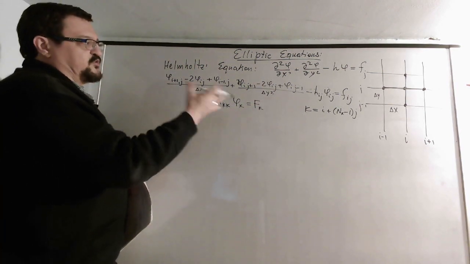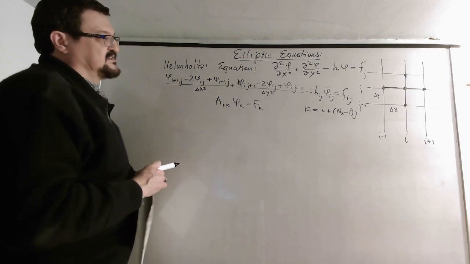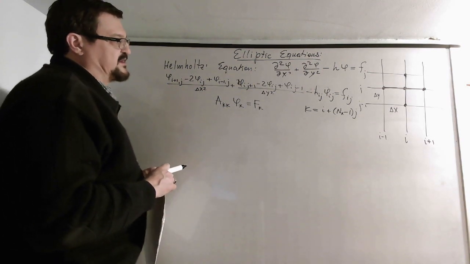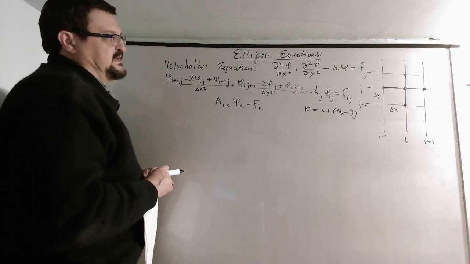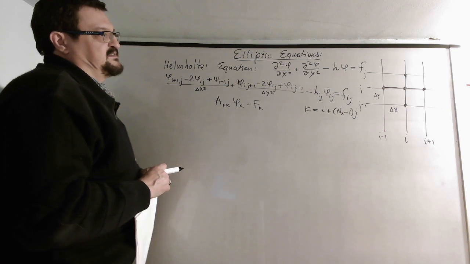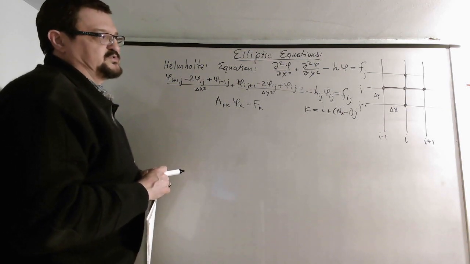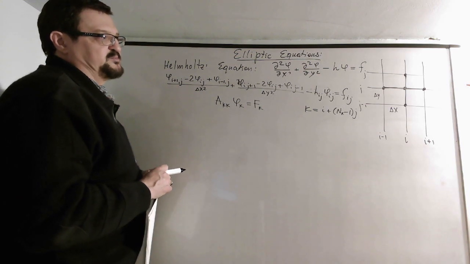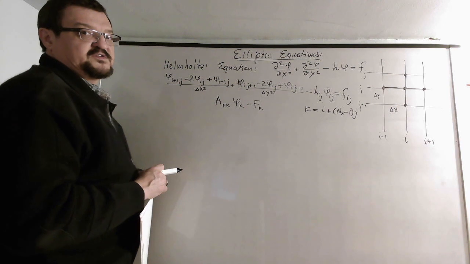So you have this system of linear equations, and if you try to solve it on a computer, if your nx and ny are big numbers, then the matrix can be really immensely big. For example, if nx and ny equal 100, the matrix would be 10,000 by 10,000, and you need to invert it.